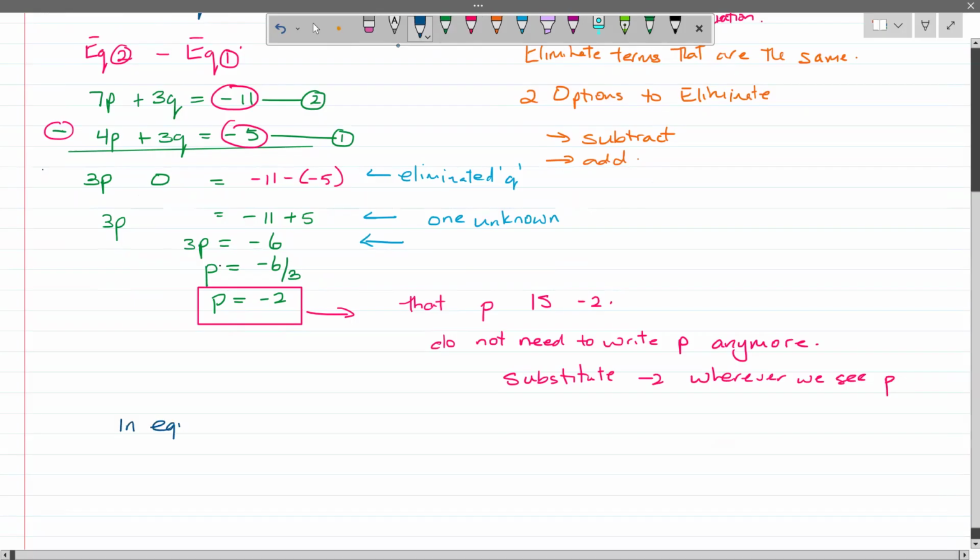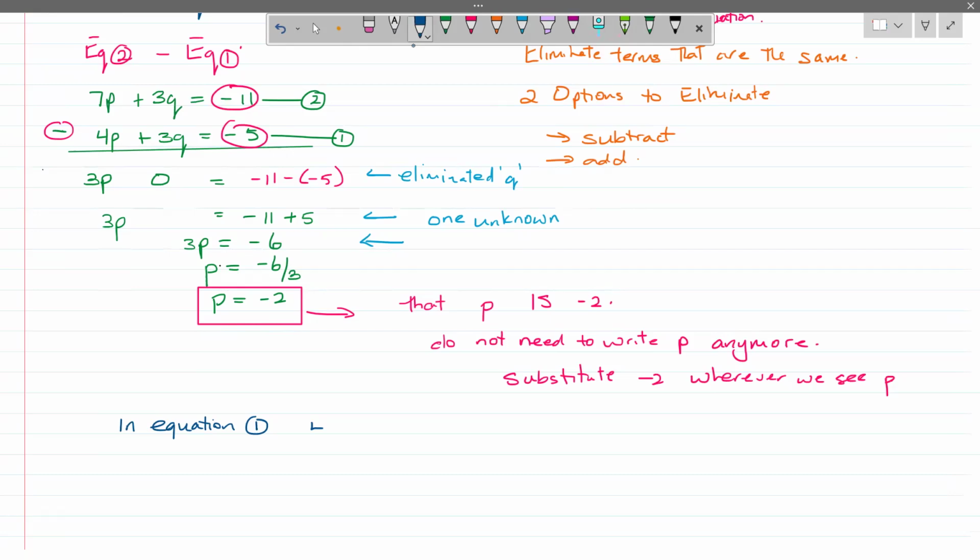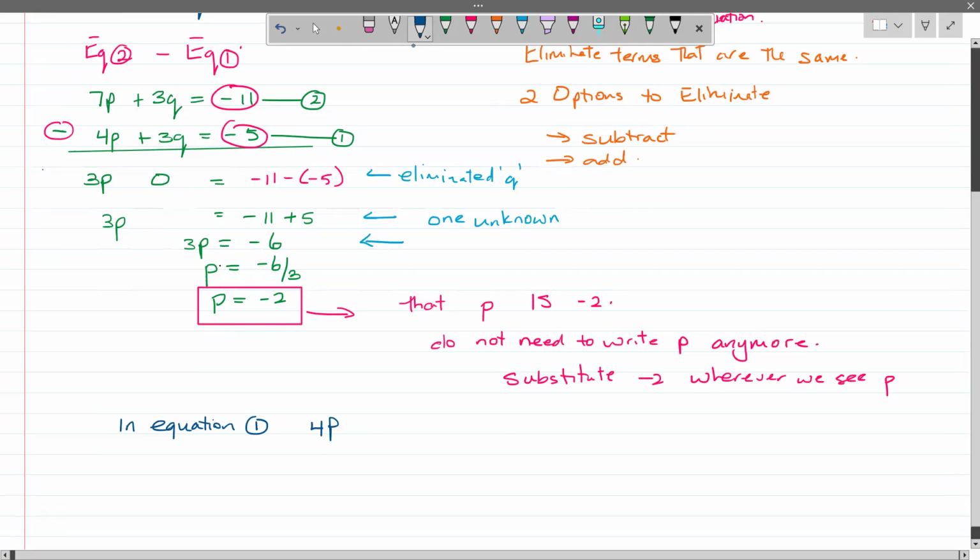in equation 1, which is this equation right here, 4P plus 3Q is equal to minus 5.